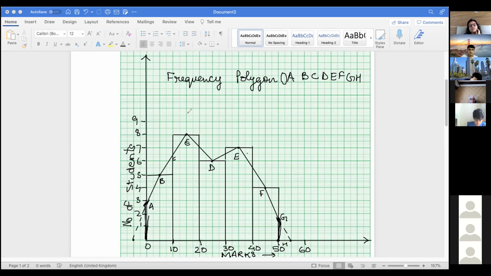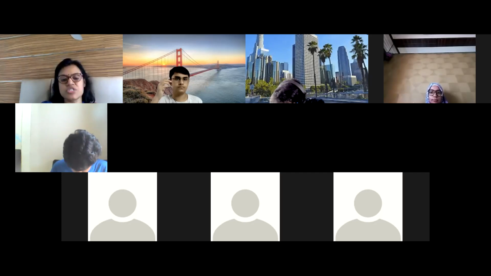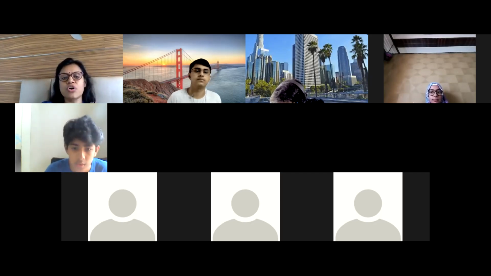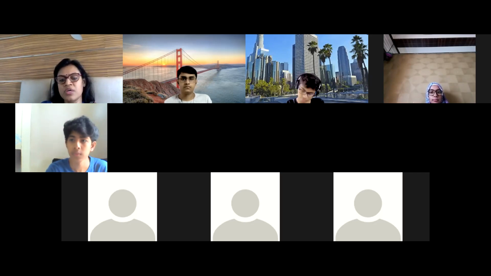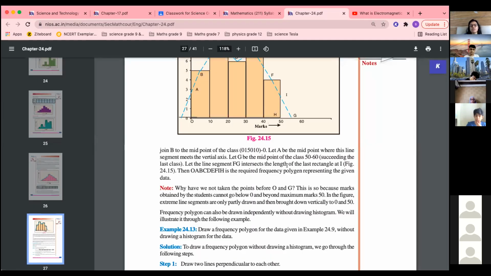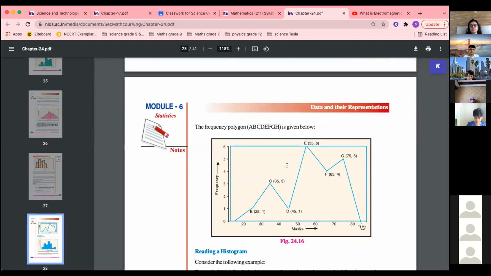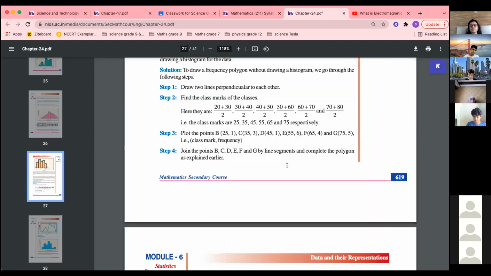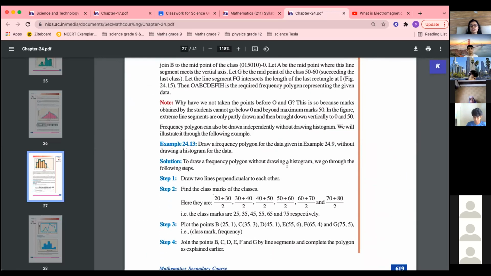Yes, ma'am. Okay, so now the question comes that suppose we are doing frequency polygon when the histograms we have drawn, and then we can draw the frequency polygon. If suppose question is asked that without drawing the histogram, how will you draw the frequency polygon? Okay, so suppose we have this table. Okay, which question?